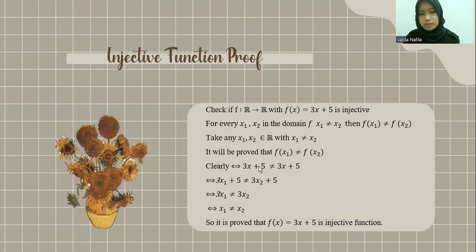Clearly, 3x1 plus 5 not equal 3x2 plus 5. We remove 5, so only x remains; therefore we subtract by 5. So, 3x1 not equal 3x2, x1 not equal x2. So, this proves that f(x) equal 3x plus 5 is an injective function.